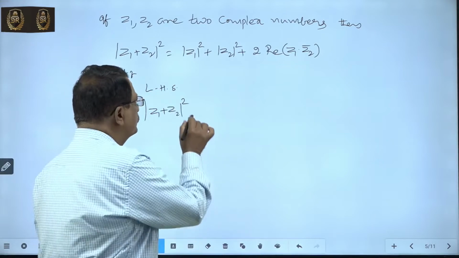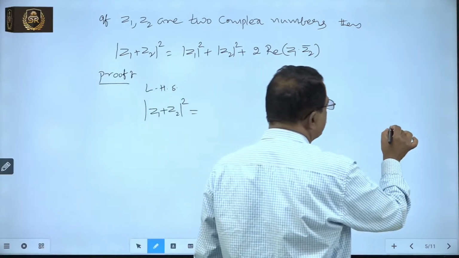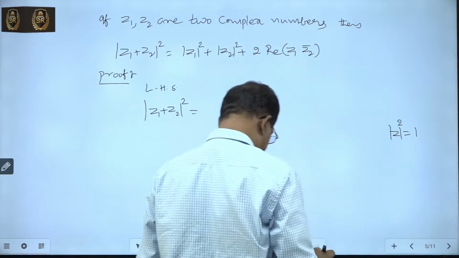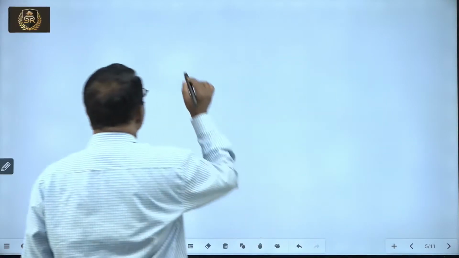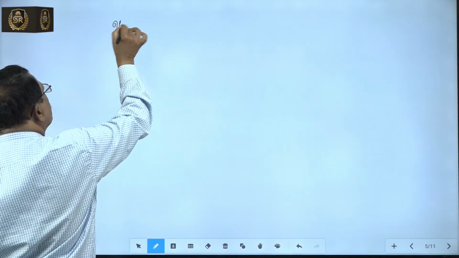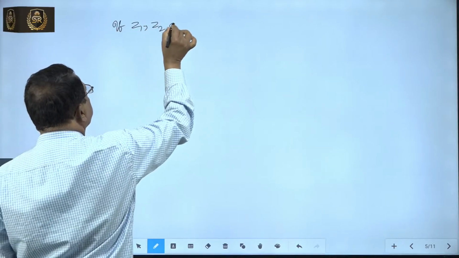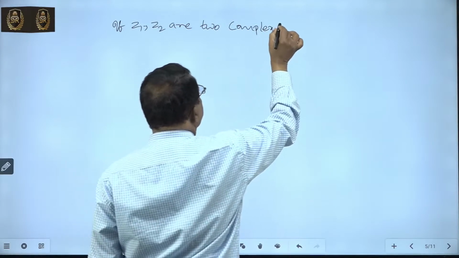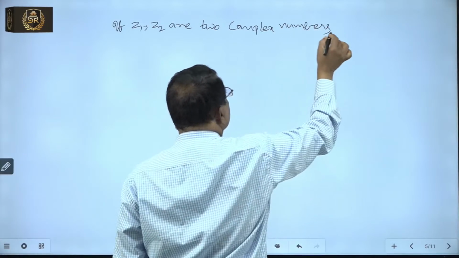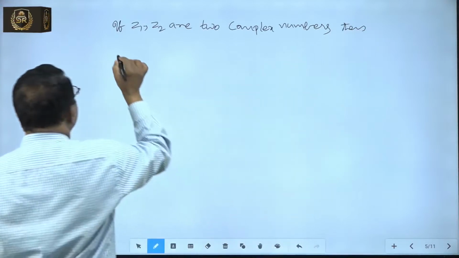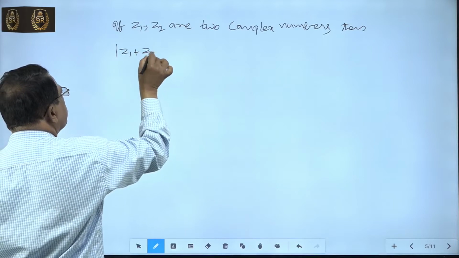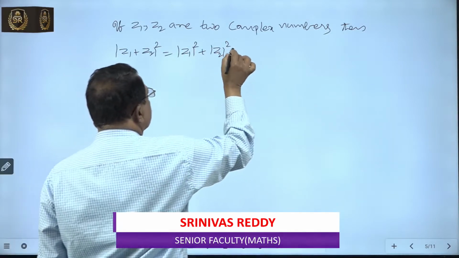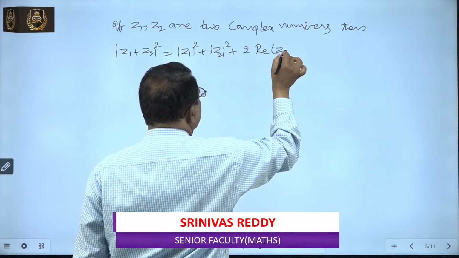Now you know from previous conditions, mod Z square equals mod Z. Just see, if Z1, Z2 are two complex numbers, then mod of (Z1 plus Z2) whole square equals mod Z1 square plus mod Z2 square plus 2 into real part of Z1 into Z2 bar.